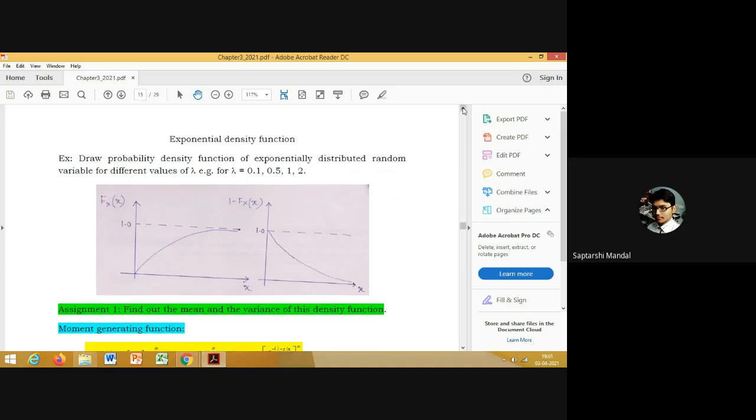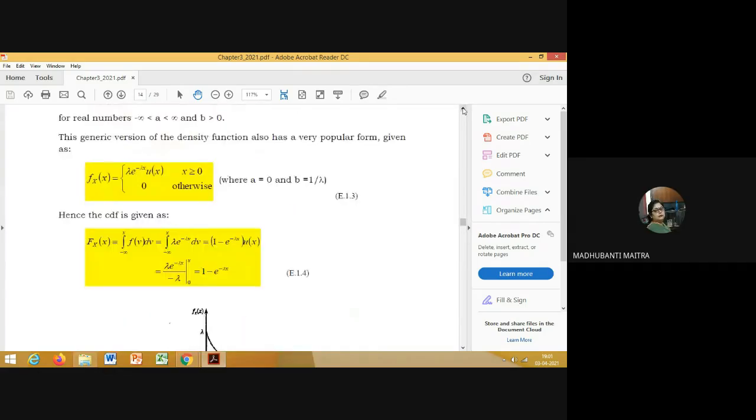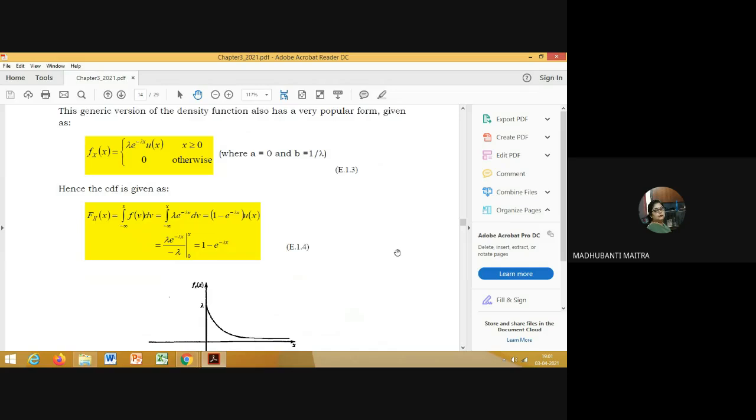Okay, so what is our density function? Our density function is given by lambda e to the power minus lambda x. So from this definition of the density function, we can find out the expected value of the random variable, that means the expected value of x.